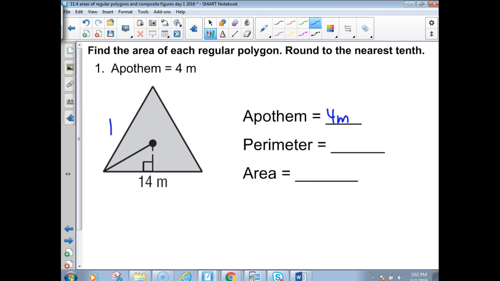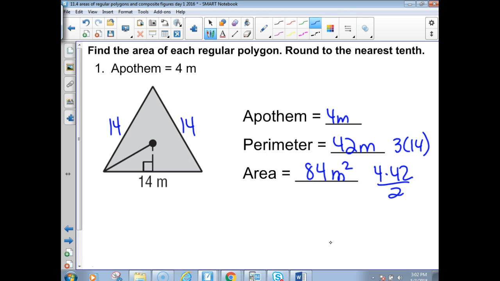The perimeter would be 14 times 3, or 3 times 14, which is 42 meters. So now you follow the area formula. You take the apothem, 4 times the perimeter, 42, and divide by 2. 84 square meters. And you're done.